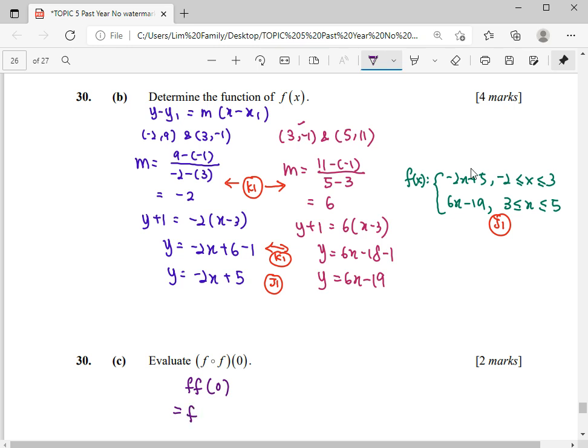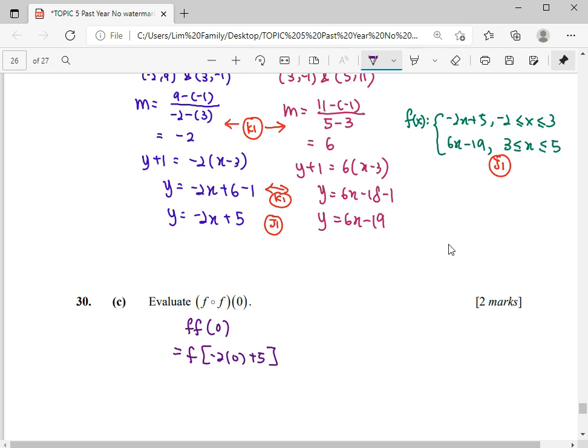So substitute 0 into the selected function, which is -2x plus 5. Then we evaluate the answer here, and you will get 5. Then you need to compose again when you want to find x equals 5. When x equals 5, the x is inside the interval 3 until 5, which is this one.